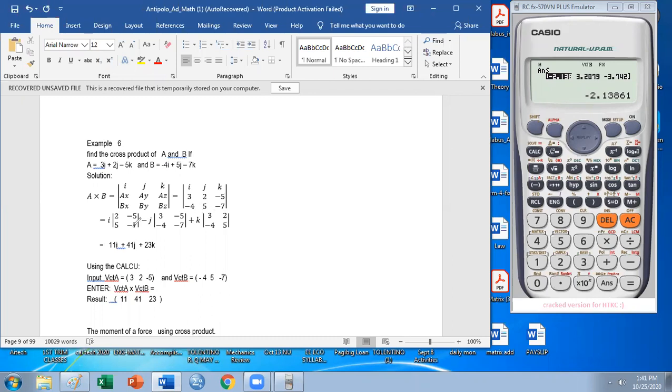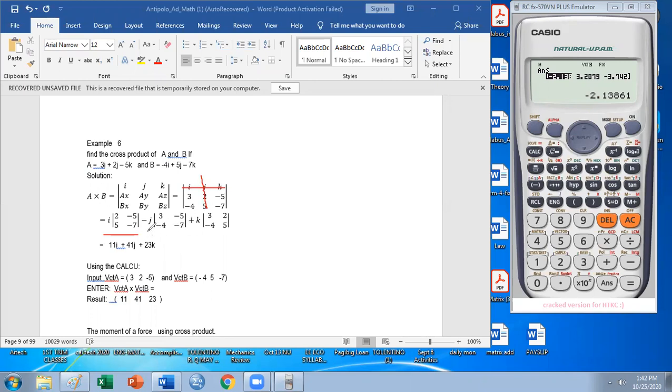Now remember, how do you do this? This is cofactor expansion. Delete this row and column for i, leaving 2, negative 5, 5, negative 7. Then alternating sign. For j, delete its row and column, leaving 3, negative 5, negative 4, negative 7, with negative j.